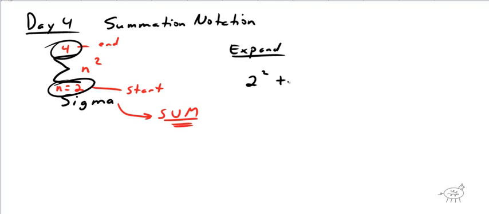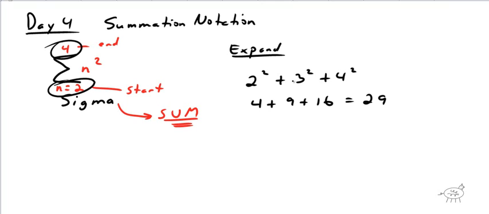So now I plug a 3 into there, plus 3 squared, and then plus 4 squared. Okay, so that's what it is. I expanded it. I wrote it all out. Let's actually calculate this out now. So 2 squared is 4, plus 3 squared 9, plus 4 squared is 16. If I add all those up, I get 29.